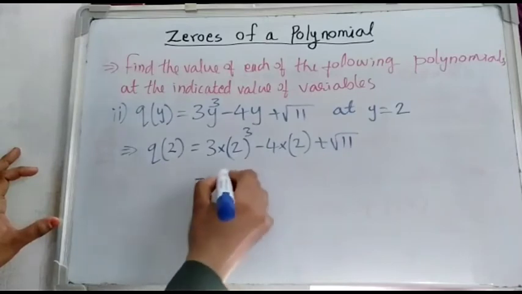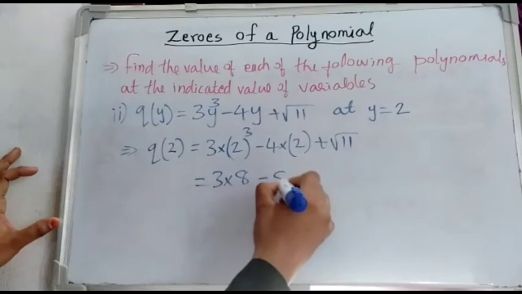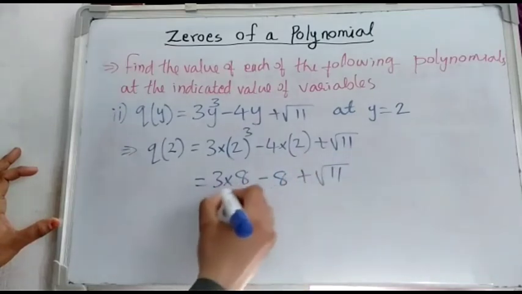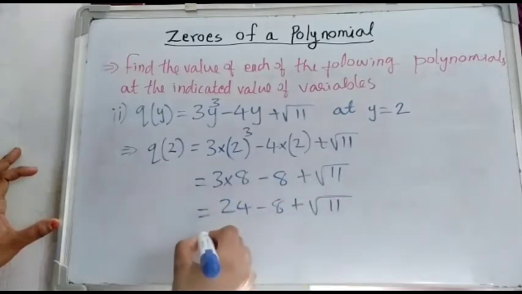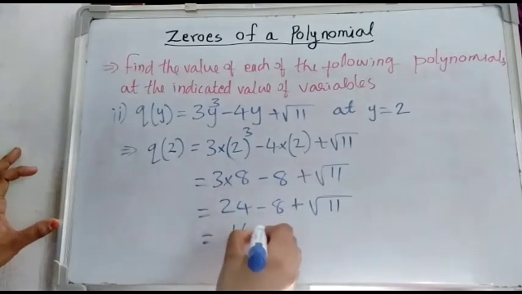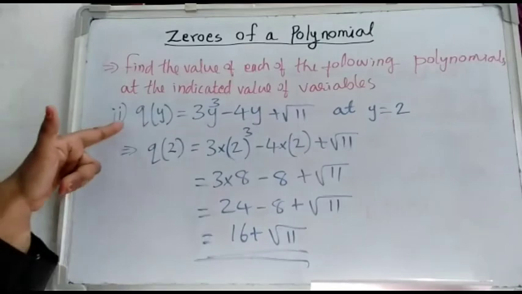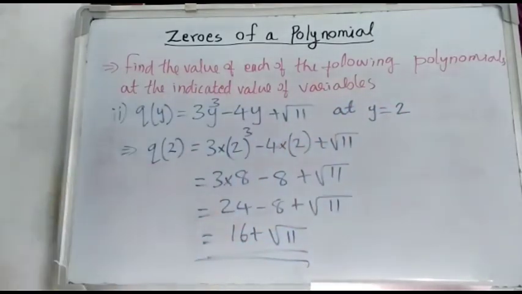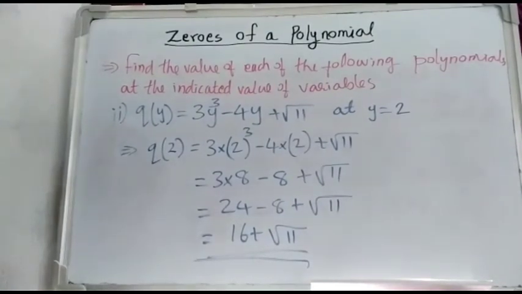Clear? 3 into 2 cube 8 minus 8 plus root 11, which implies 24 minus 8 plus root 11. 24 minus 8, 16. 16 plus root 11. So, value of this polynomial q of y at y is equal to 2 is 16 plus root 11. This type of questions are very important. Find values of polynomials.